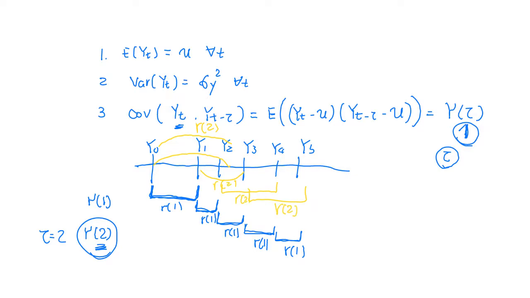So if this is a weak stationary process, that means the covariance of the time series must be time independent, right? The only thing that we care about is the lag, how many lag periods you count.